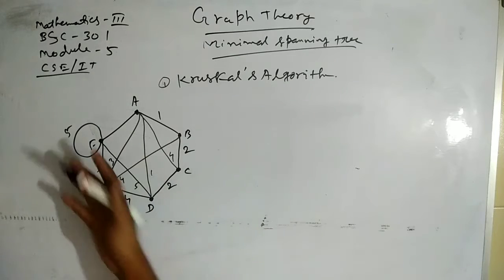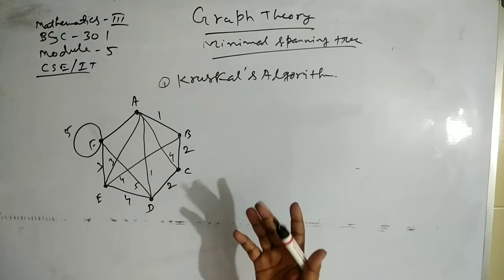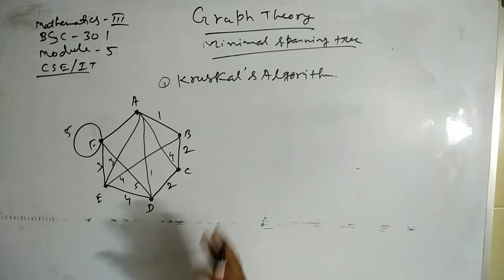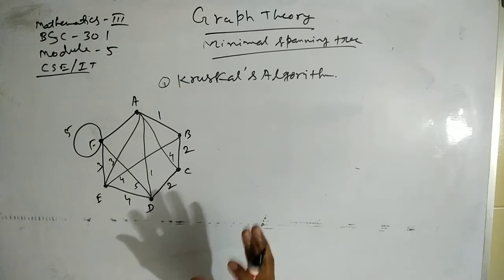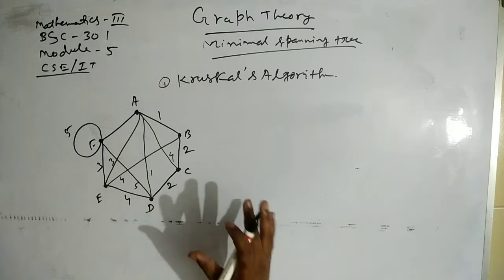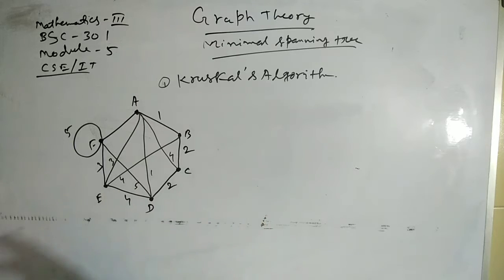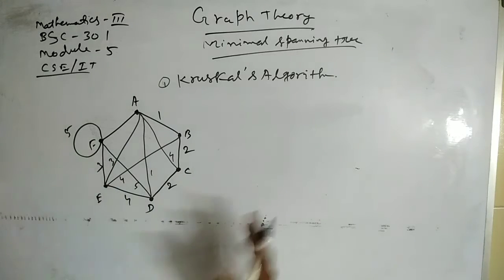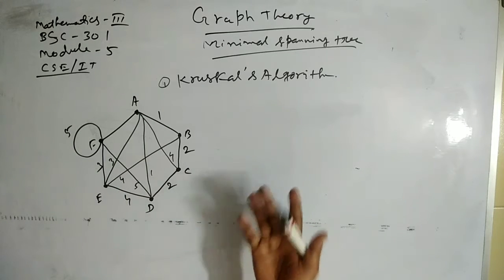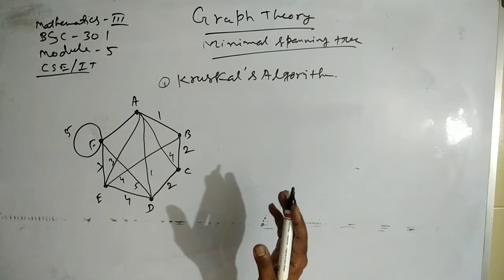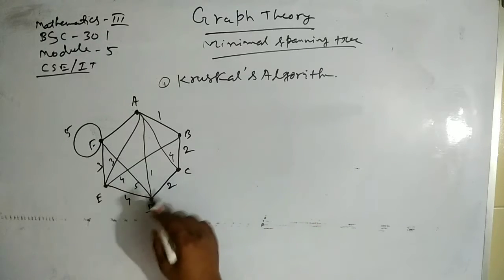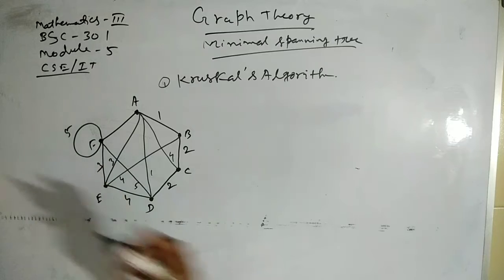Since self loops and parallel edges form cycles, they are not useful in a tree. So we will first eliminate the self loop, or if there is a parallel edge, eliminate that parallel edge. In this graph there is no parallel edge, there is one self loop.